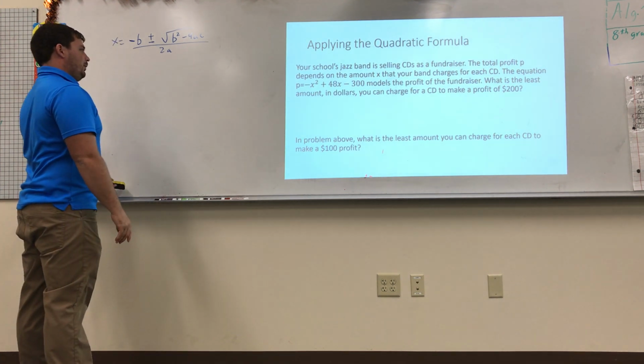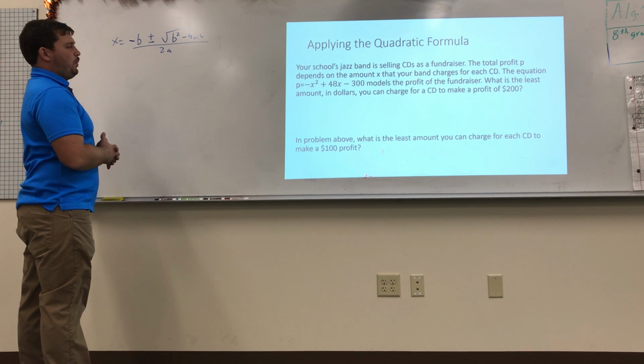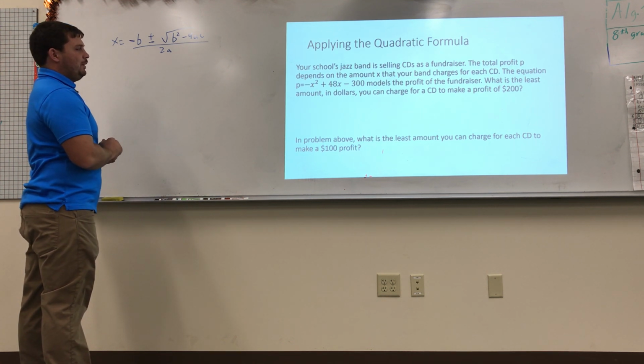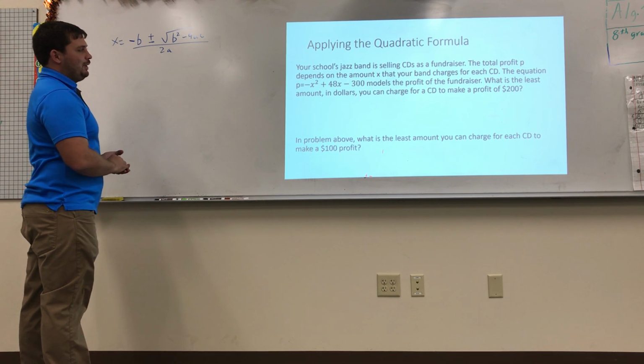Your school jazz band is selling CDs as a fundraiser. The total profit, P, depends on the amount x that your band charges for each CD. The equation P equals negative x squared plus 48x minus 300 models the profit of the fundraiser.